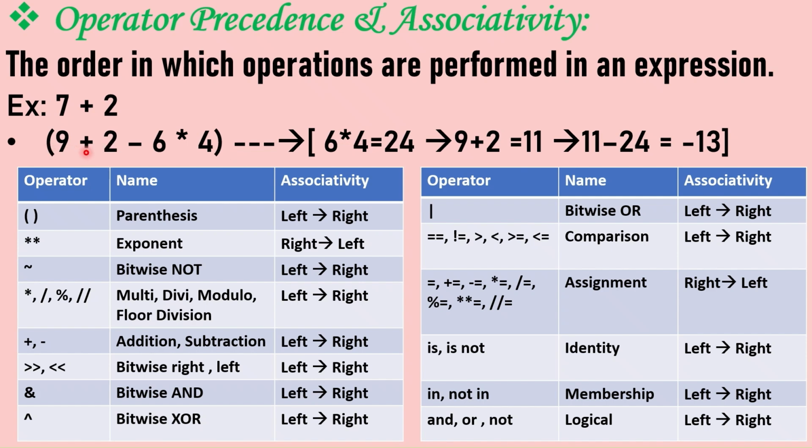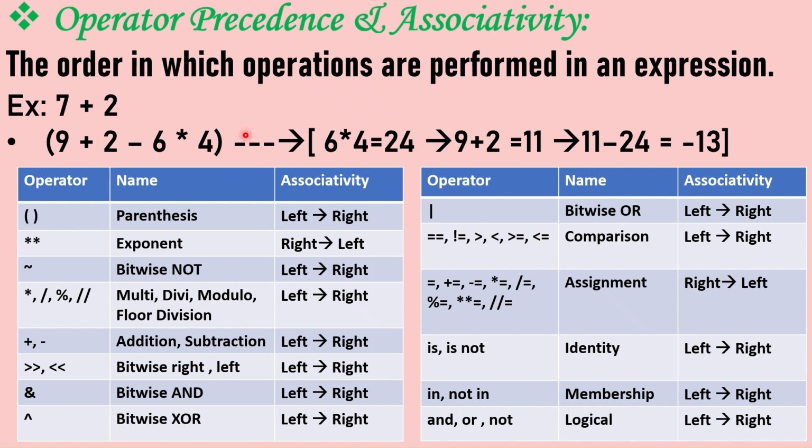Here you can see an expression containing addition, subtraction as well as multiplication operators. According to the operator precedence rule in Python, multiplication has the highest priority, followed by addition and subtraction. So in this expression, the multiplication part is evaluated first, which is 6 into 4, 24.